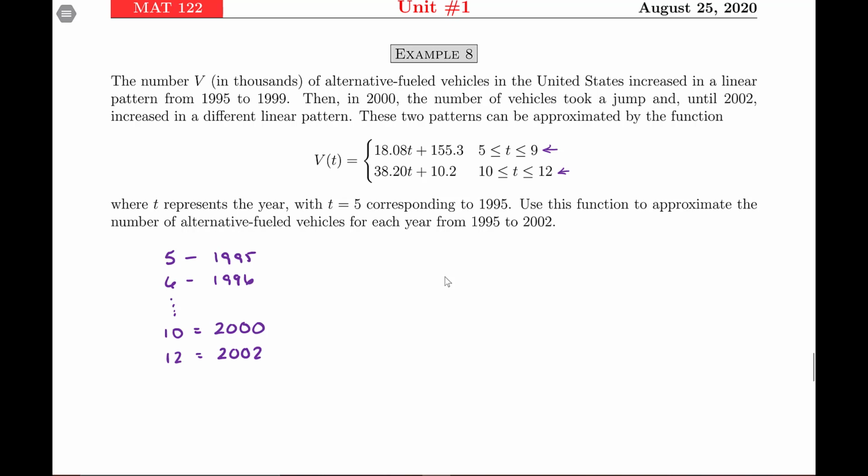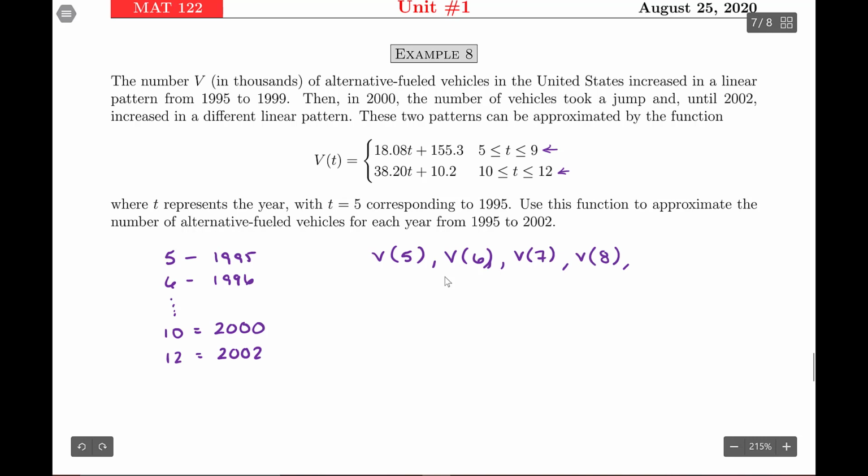Now I'm not going to go through and type this in for every single year, but what we would do is evaluate V of 5, V of 6, V of 7. The reason is I want to save you guys a monumentally long video.